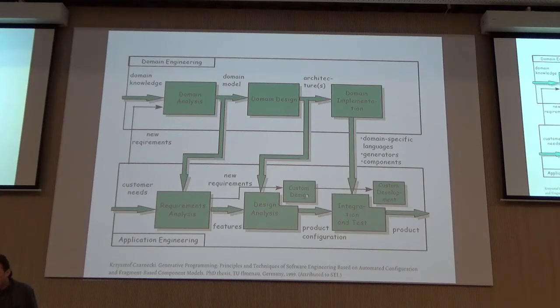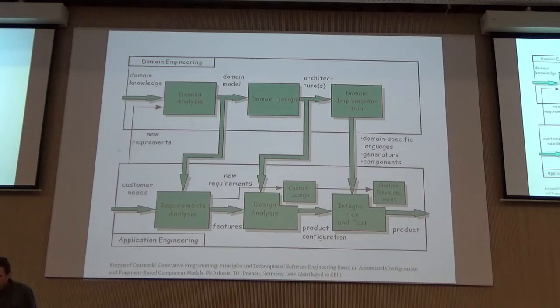Almost always you have to do some custom design to adapt things, to add missing things, and such things. And then maybe your customer will require something that you did not include in your product line.